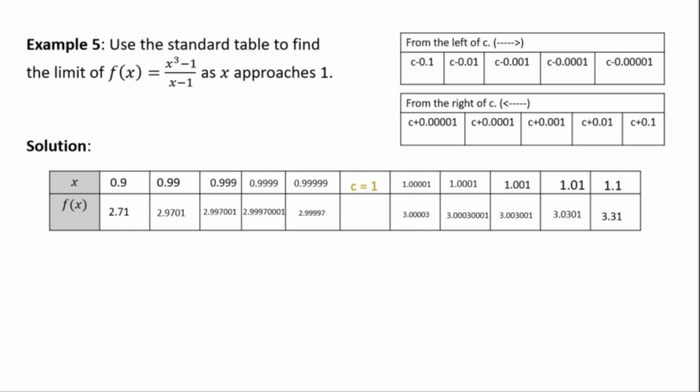Each side seems to approach 3, don't they? Yeah. So if you agree with me, at this point, we may say that the limit of x cubed minus 1 over x minus 1 as x approaches 1 equals 3.